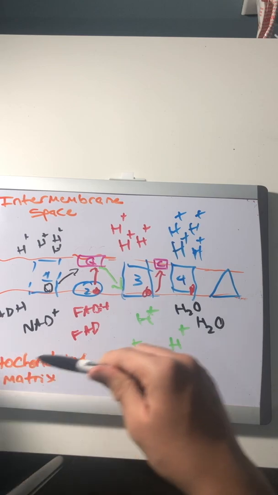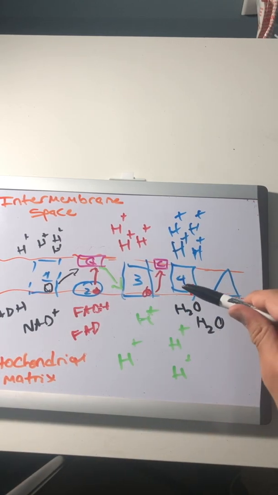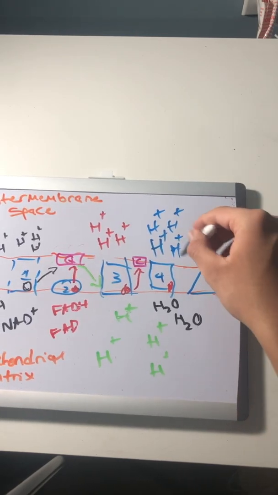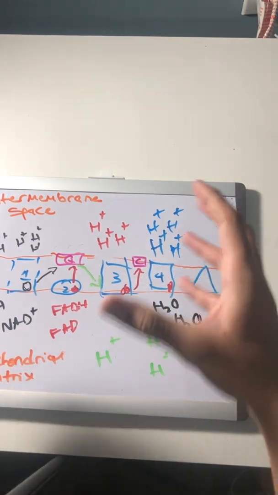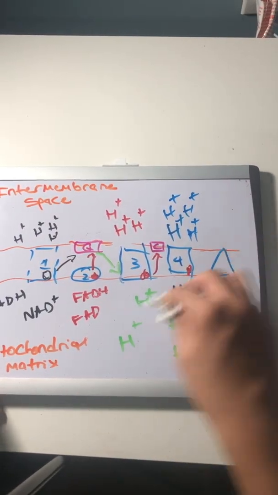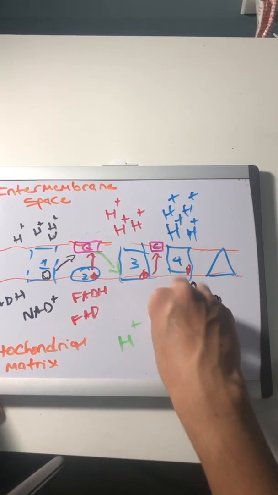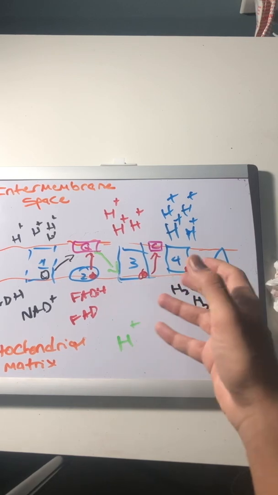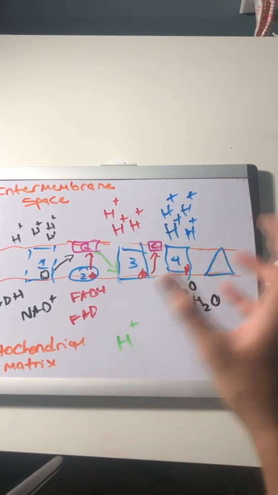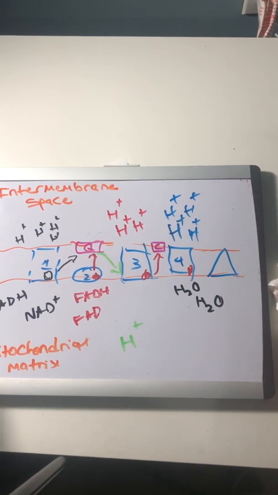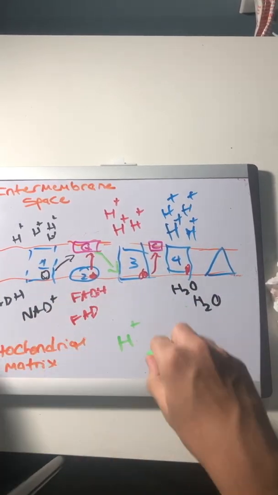So now, after we got that, why does it matter? Remember all of these proton gradients that have been forming up here? There would be more protons, but we're just going to represent it with a few.